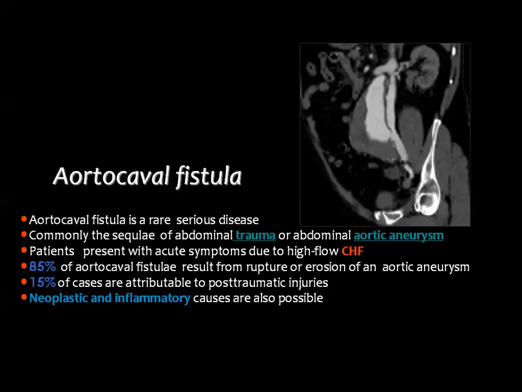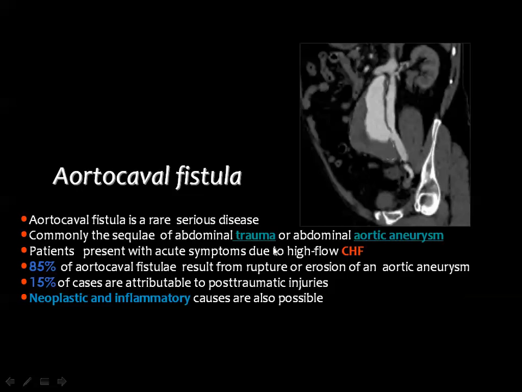Then one of the lesions affecting the IVC is the aortocaval fistula, the development of a communication between the aorta and the IVC. There are two main causes. The commonest one is the aortic aneurysm, eroding the wall of the IVC, resulting in direct communication.